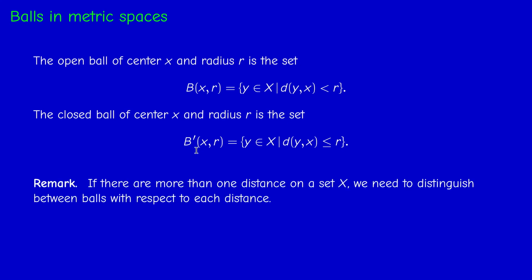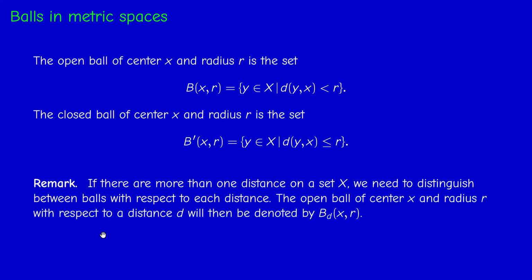And remark, sometimes we may put more than one distance on a set. So we have two concepts of balls. In order to distinguish these two balls, if you have a distance d, the open ball of center x and radius r can be denoted by B_d(x,r) in order to emphasize that this is the ball with respect to the distance d.